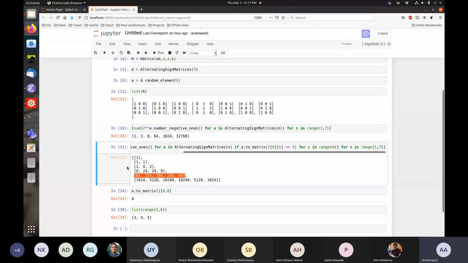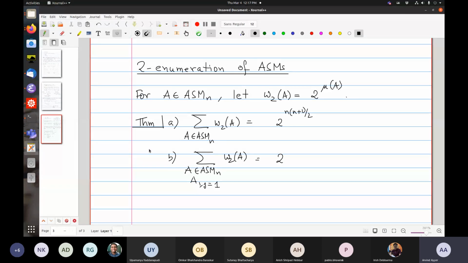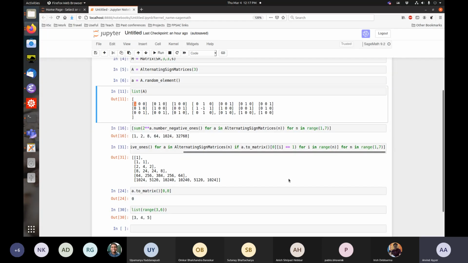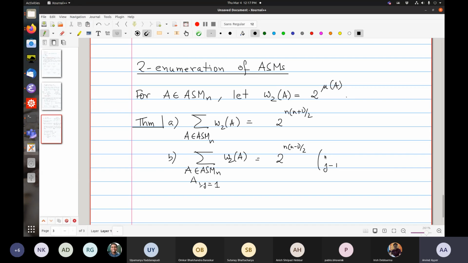The first row, first column and last column are clear, because if you have 1 here, then you're basically looking at ASMs of size 1 lower. So you'll have n into n minus 1 by 2 times n choose j minus 1, or is it n minus 1? So 1, 2, 3, 4, yeah, n minus 1 choose j.